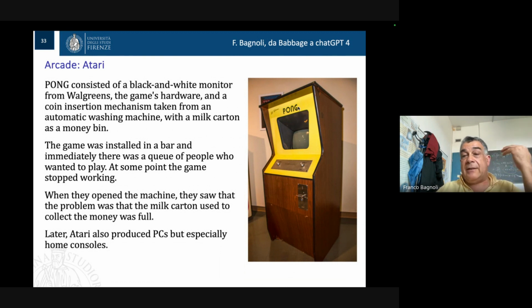They were not sure that there could be a market for this, and so they installed it in a bar with a milk carton as a money bin, and then they noticed that almost instantly a queue of people formed that wanted to play, and the machine stopped working when the milk carton used to collect money was full.